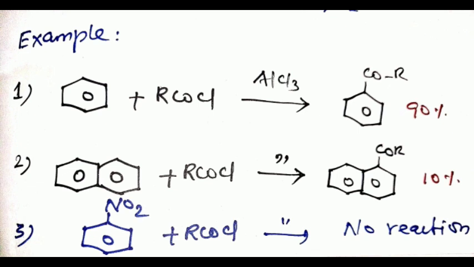But a fused ring system gives a very poor yield, only 10%. An aromatic compound containing an electron withdrawing group does not combine with an acyl halide.